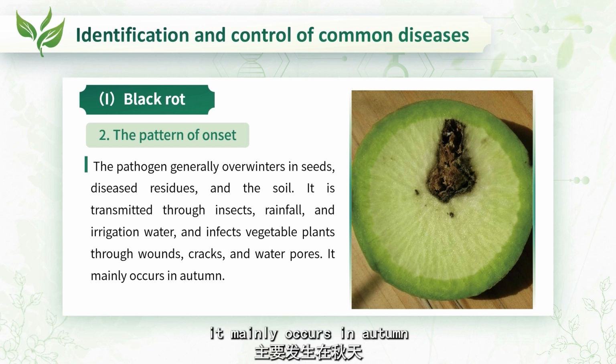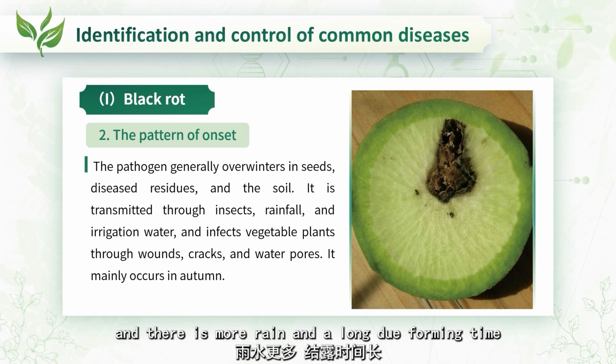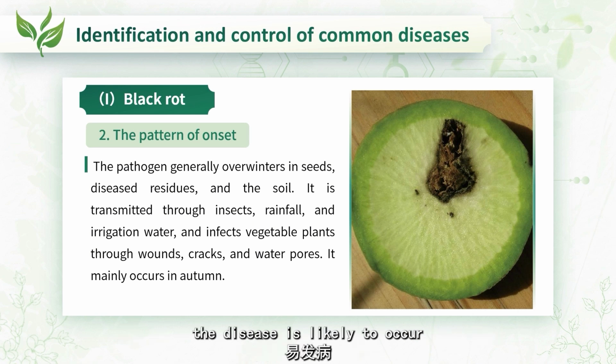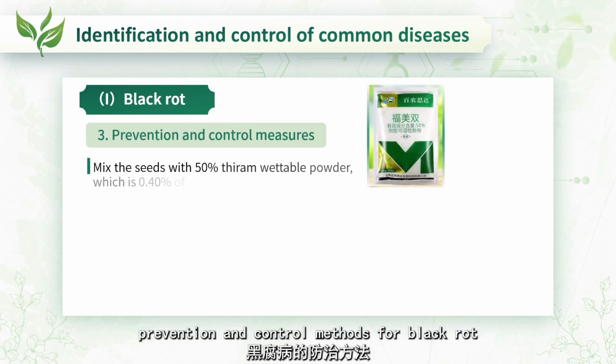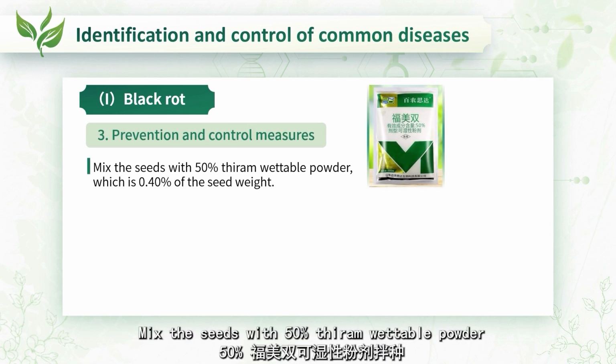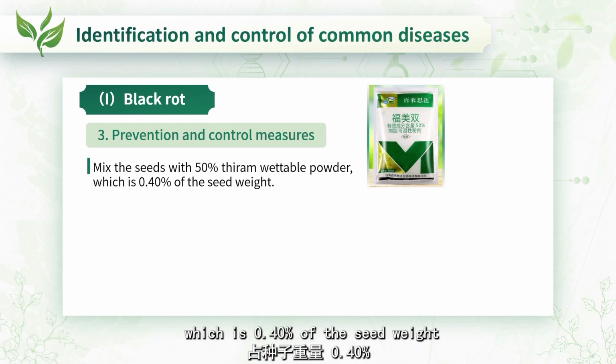It mainly occurs in autumn, when the average temperature is between 15–21 degrees Celsius and there is more rain and a long dew-forming time. The disease is likely to occur. Prevention and control methods for black rot. Mix the seeds with 50% thiram wettable powder, at 0.40% of the seed weight.